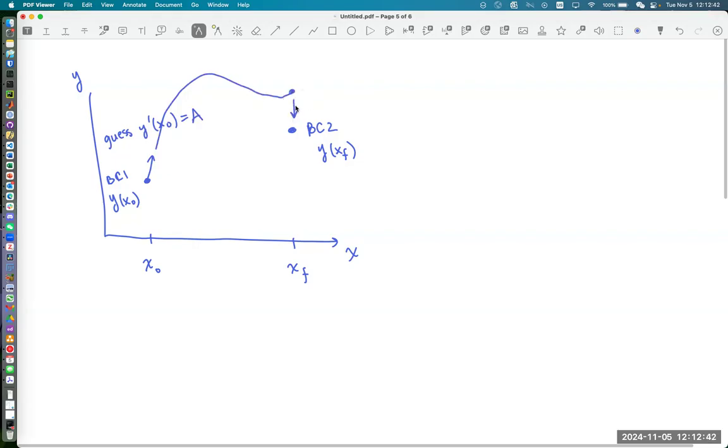And then we'll calculate the error, define it as E is equal to y of the IVP at the final location minus our boundary condition 2. So this is y of x from IVP minus the boundary condition 2.